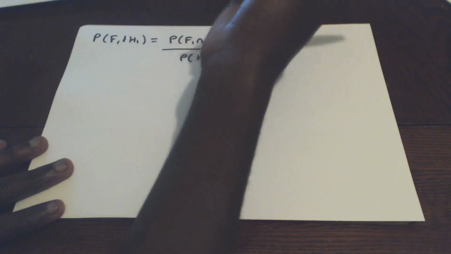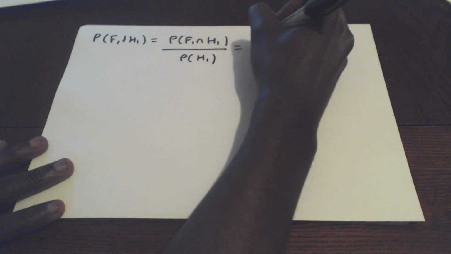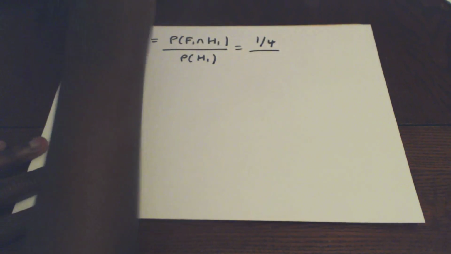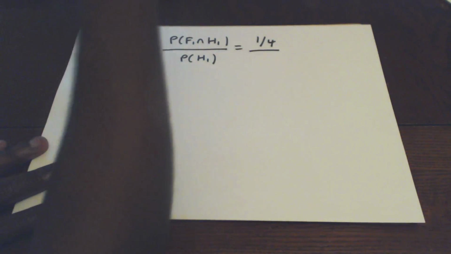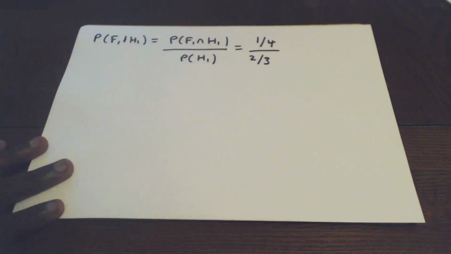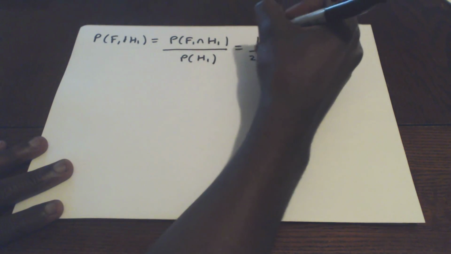Well, that's going to be a half times a half, so a quarter. And the probability that you get a heads, we worked that out from part 1, that was 2/3. So simplifying this down, you should get that. Oh, sorry, my bad. This isn't a quarter. Apologies.